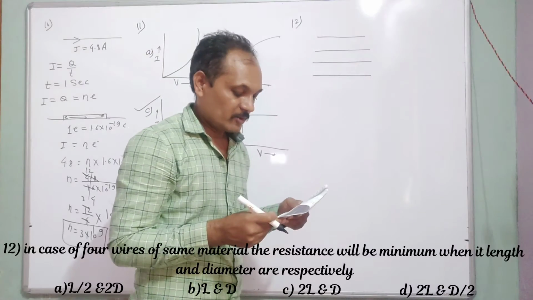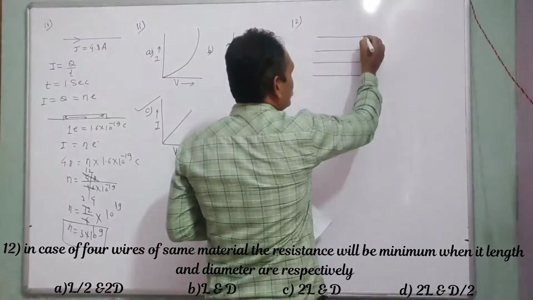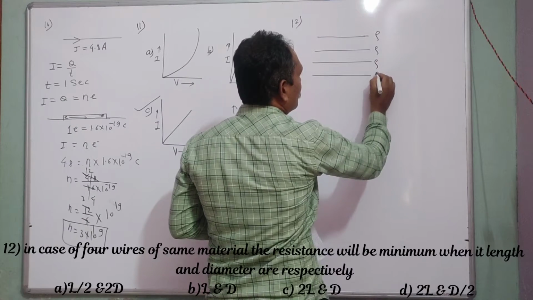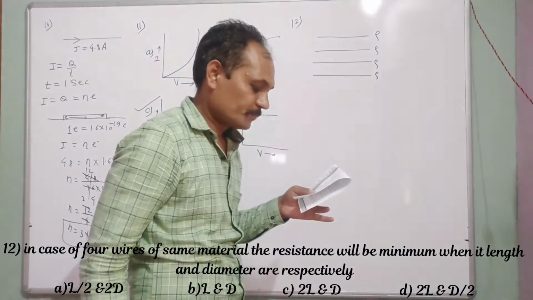In the case of four wires of the same material, rho, the specific resistance, is constant.